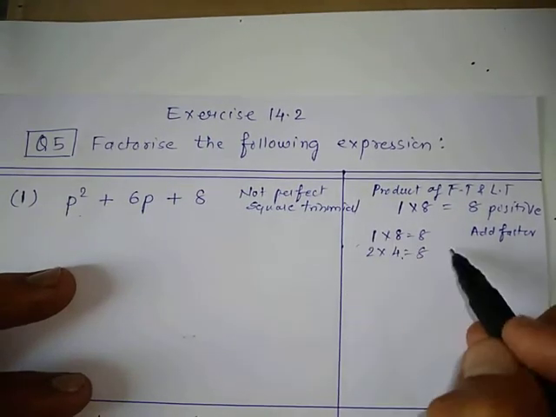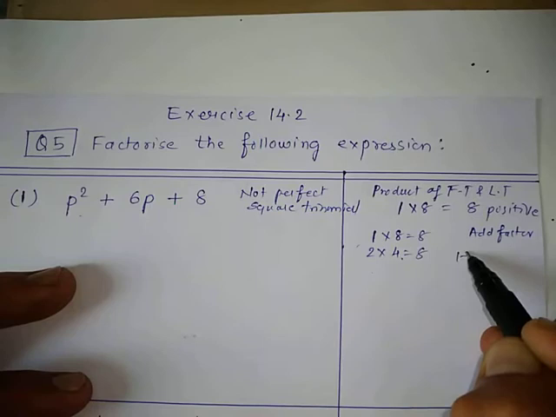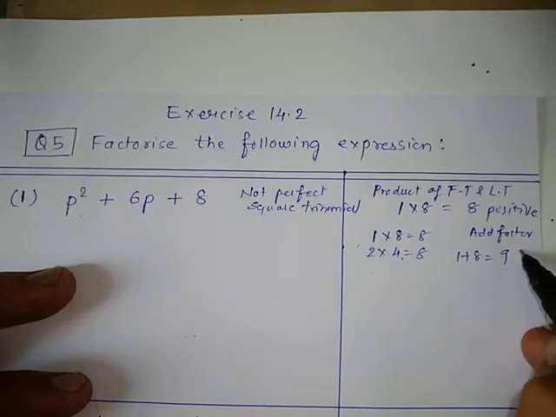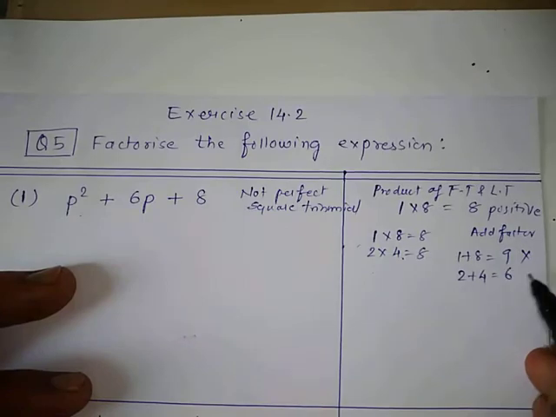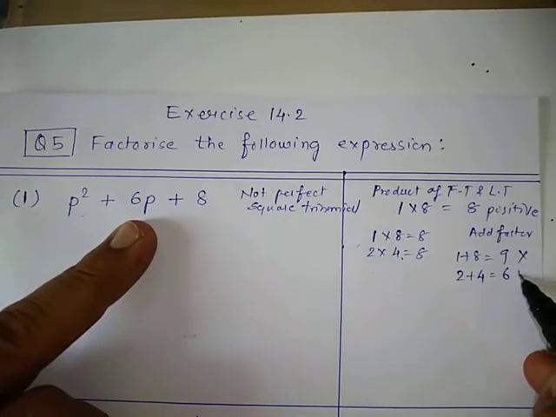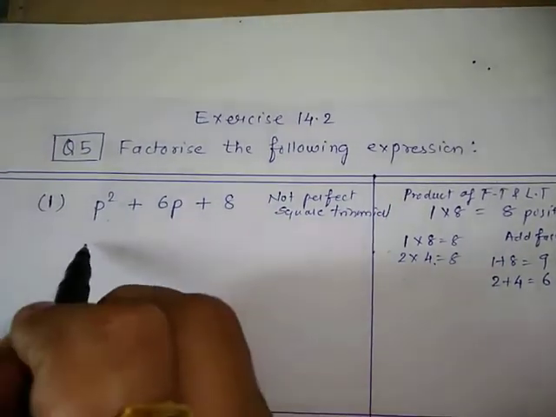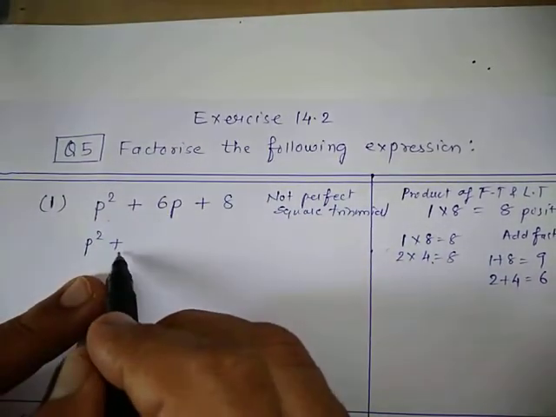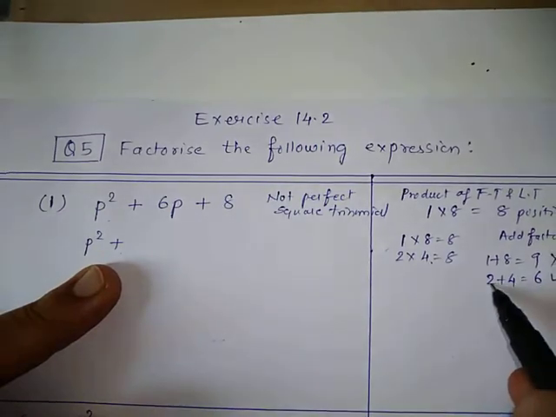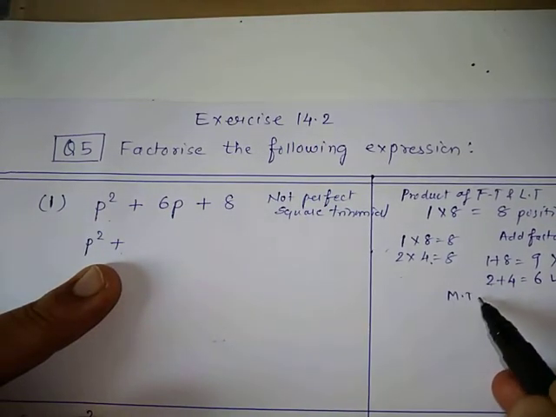If I add 1 and 8, I get 9, so not possible. If I add 2 plus 4, it's 6, which is equal to the middle term, so it is possible. So I will take the factors p². Now the middle term sign is positive, so both the factors will be positive.